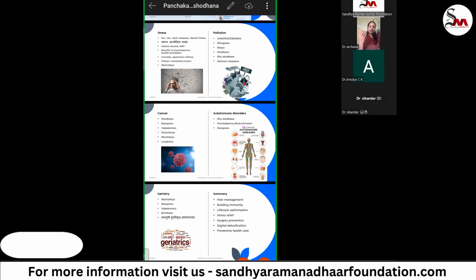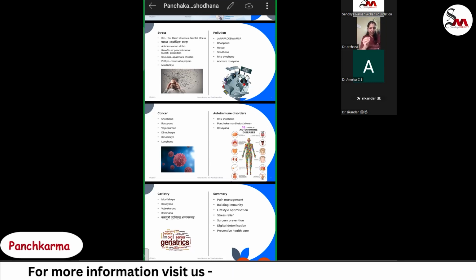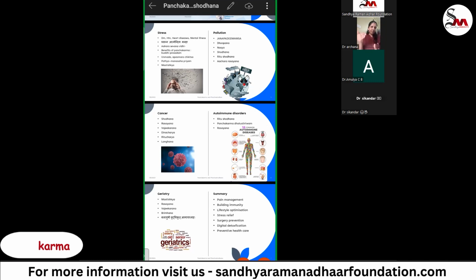By Shodhana, whatever Sanchita mala is there, we are going to remove it. Basically, by following Panchakarma, whatever effect pollution has on our body, we are going to minimize it. We cannot avoid pollution directly, but we can minimize its effect on the Sharira.